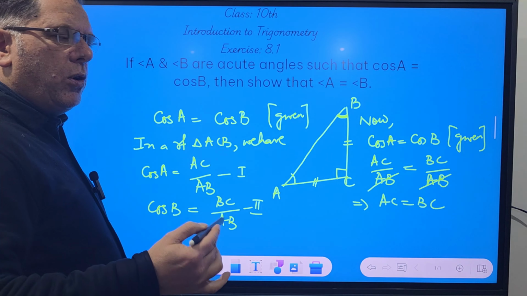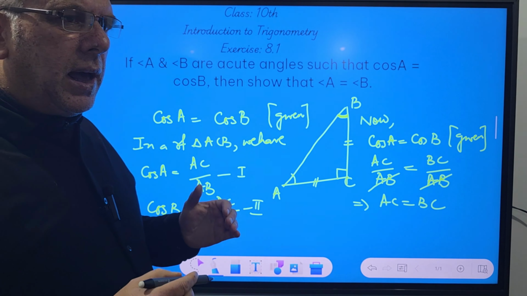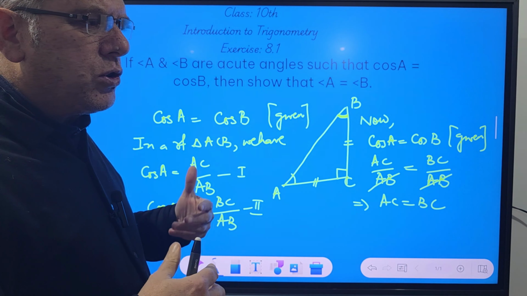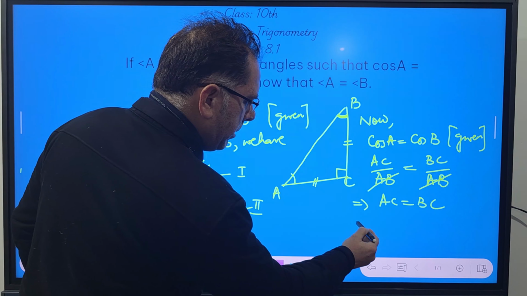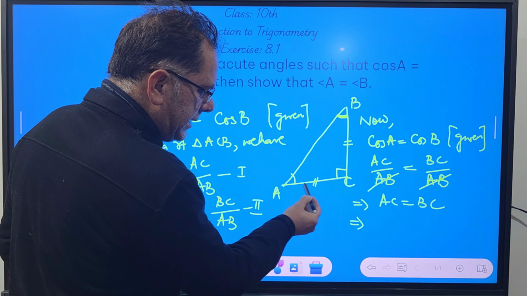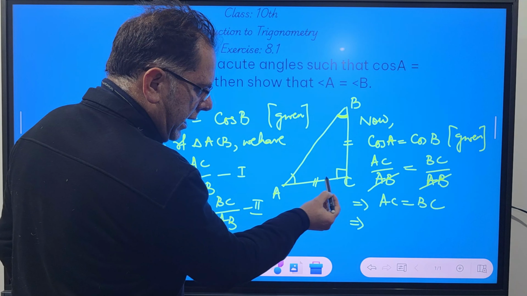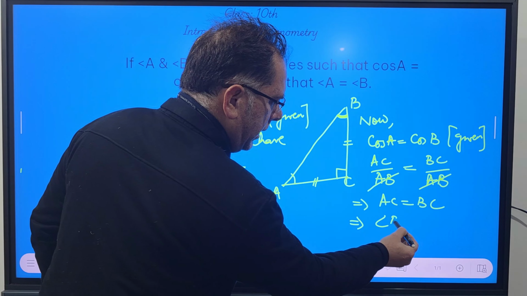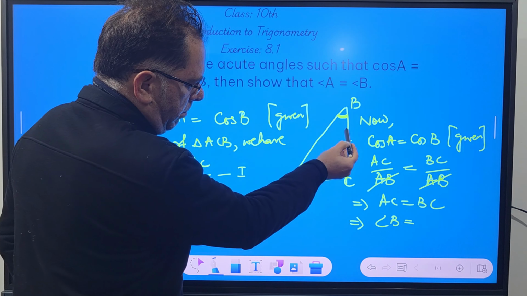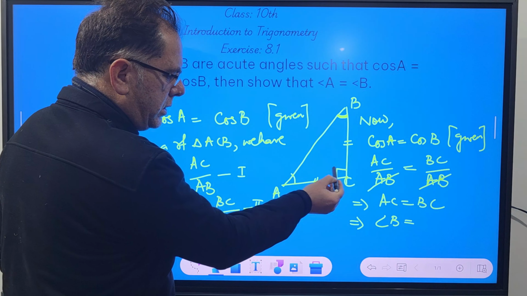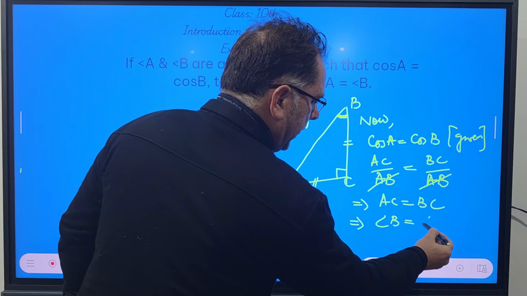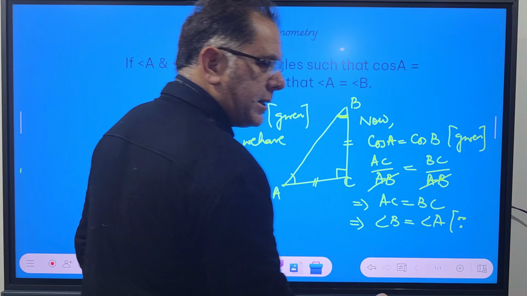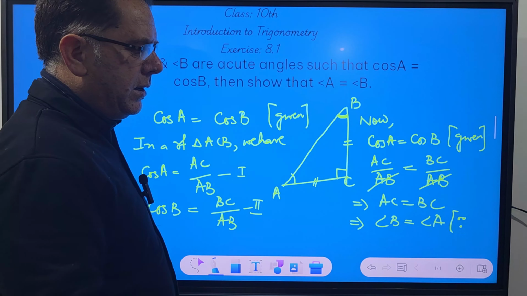Now you just recall the theorem: the angles opposite to equal sides are equal, or if the sides are equal, then the angles are also equal. It further implies that since AC is equal to BC, AC has the opposite angle, which is angle B, and BC has the opposite angle, which is angle A. So angle B is equal to angle A. You can also write down the reason here: because angles opposite to equal sides are equal.